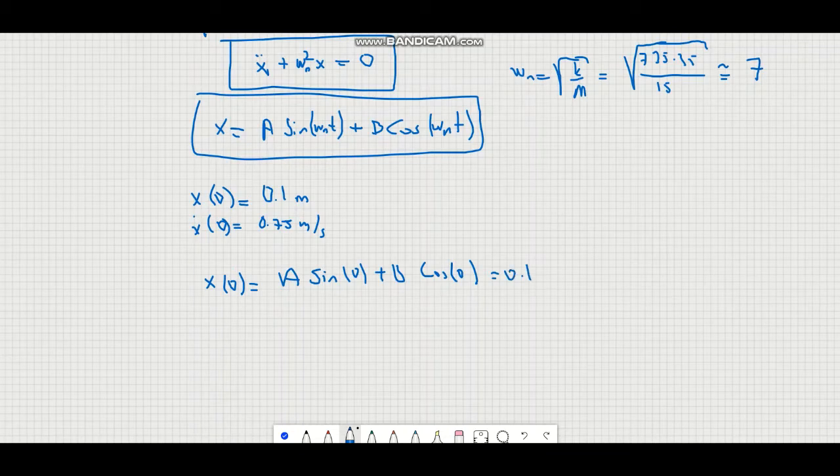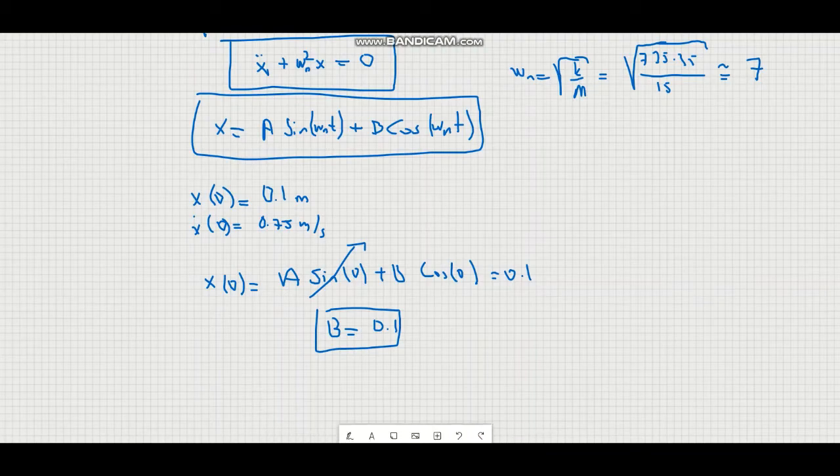We know that sine 0 is 0, so this is gone. Cosine 0 is 1, so I can see b is equal to 0.1. So for this kind of question, b is 0.1.